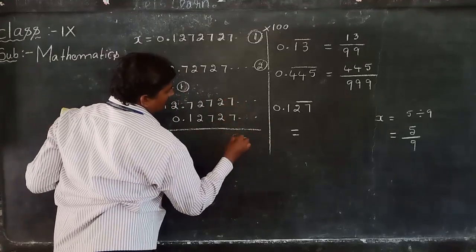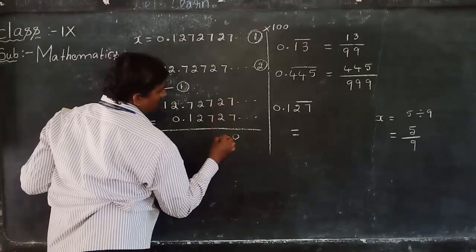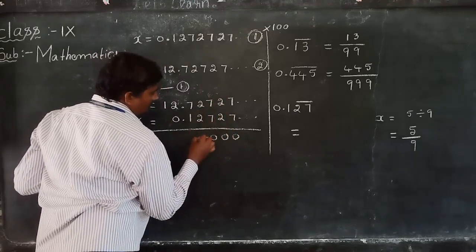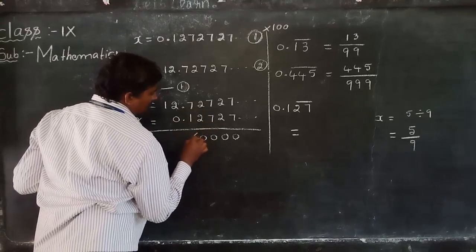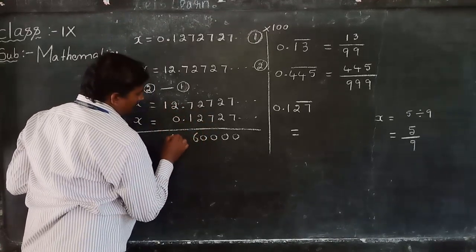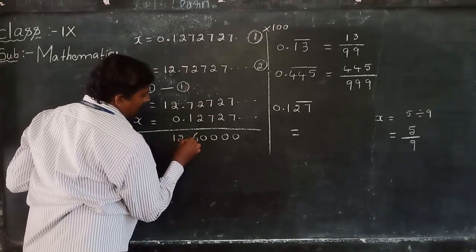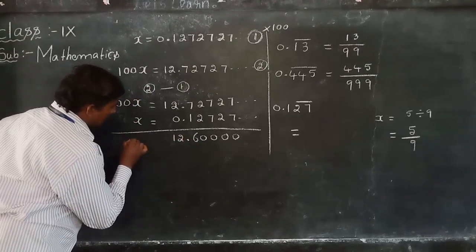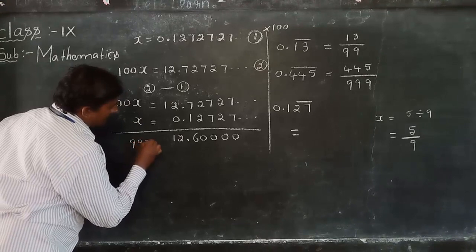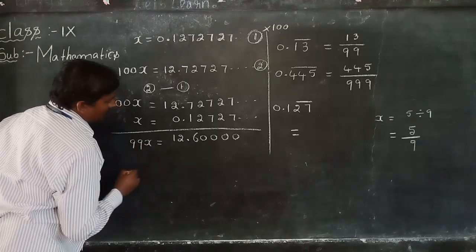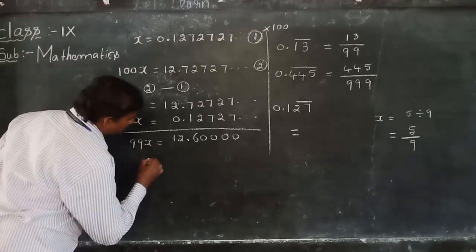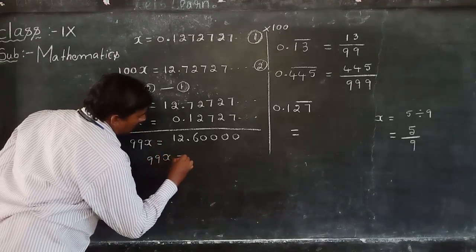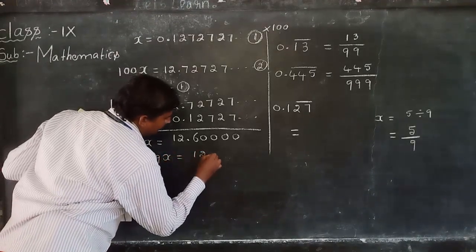7 minus 7 is 0, 2 minus 2 is 0, 7 minus 7 is 0, here 0, here 6, 12 minus 0 is 12 only. So 12.6. 100x minus x is 99x. 99x is equal to 12.6.